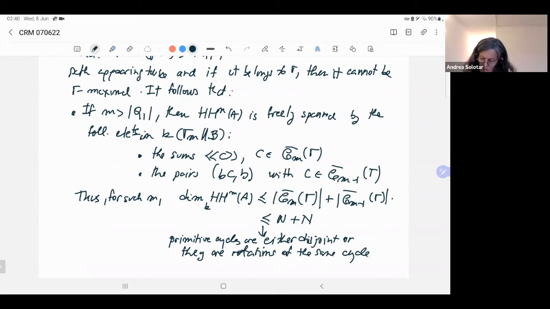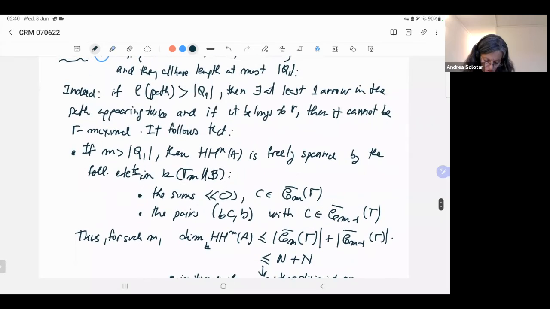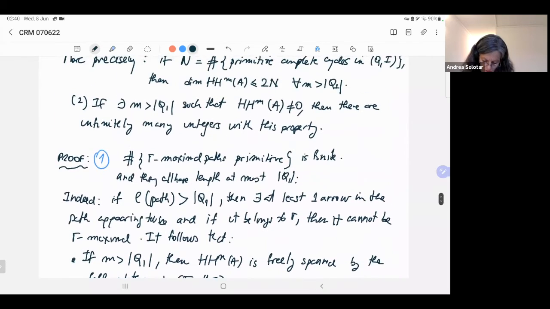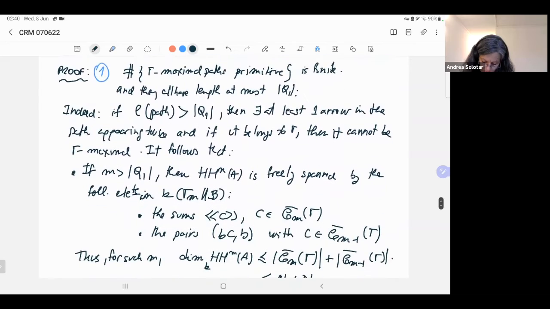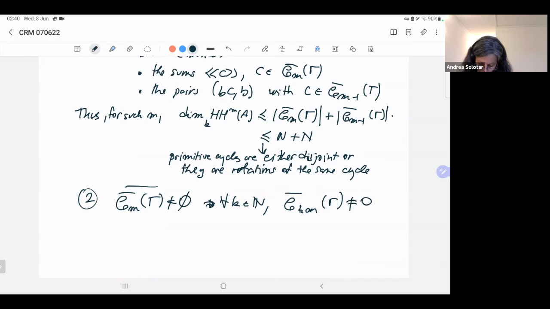So from here, we obtain the 2N that we had in the degree, okay? So, well, I'm not going to give the proof for the second part because I do not have time, but just a remark is that under these conditions, if C_m, the representatives, is different from the empty set, then for all k it is also going to be non-empty, okay? Because we can turn around once and again, okay?